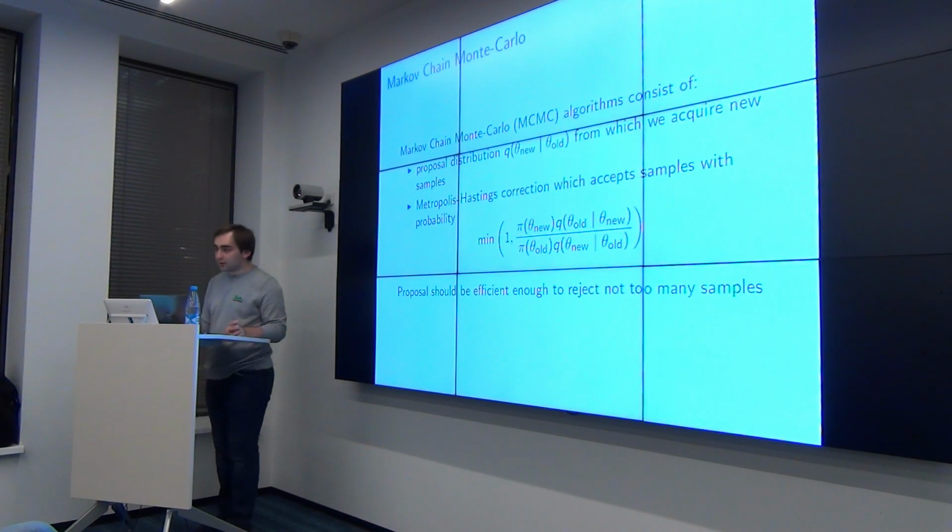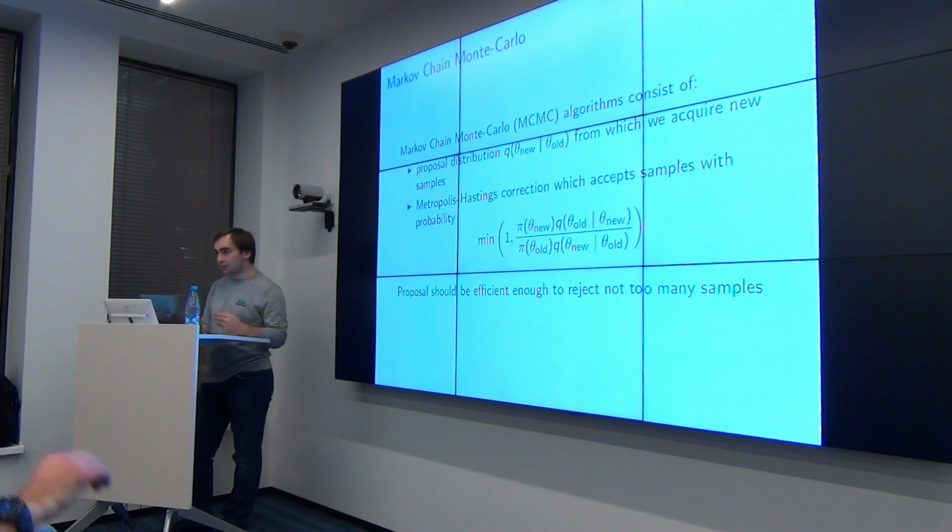And so we need to apply the Metropolis-Hastings correction, which rejects or accepts a sample based on some probability. And you see that the proposal should be efficient enough so that we will not reject too many samples, because if all we do is rejecting samples, we don't get any new samples.